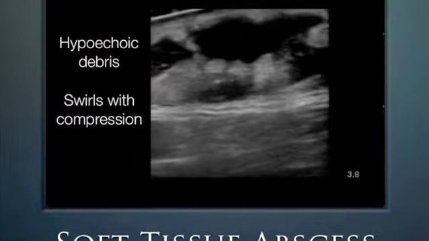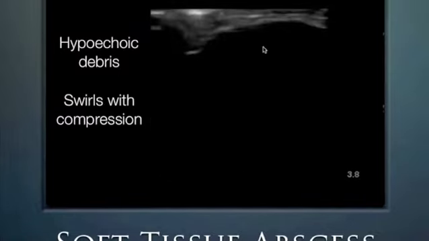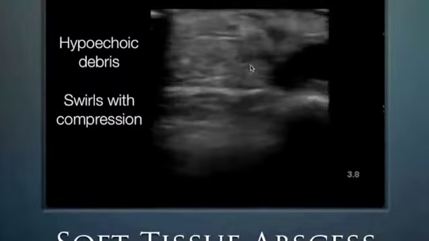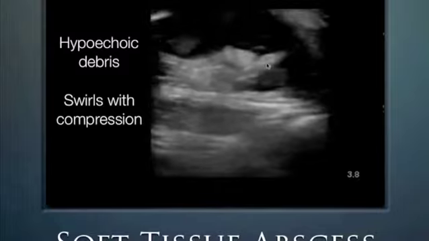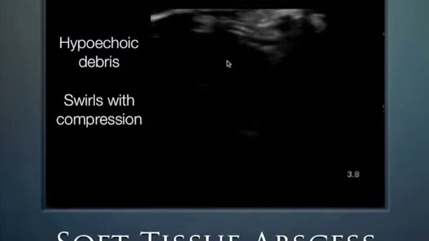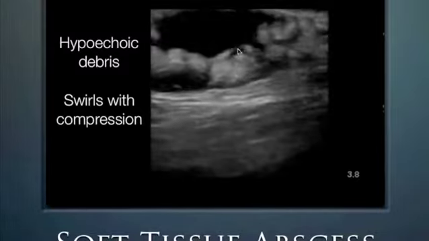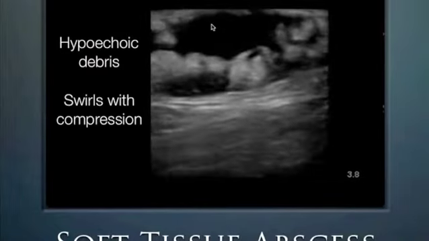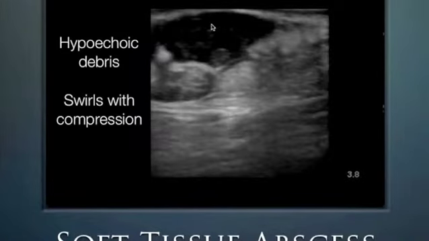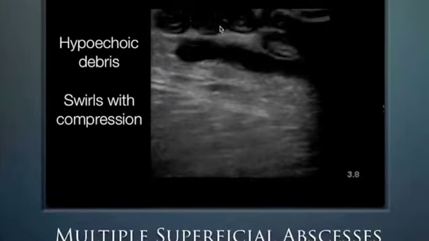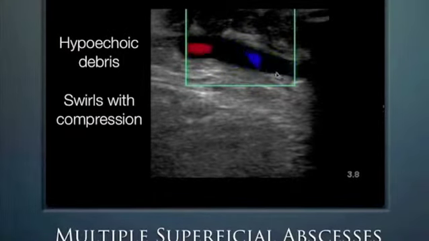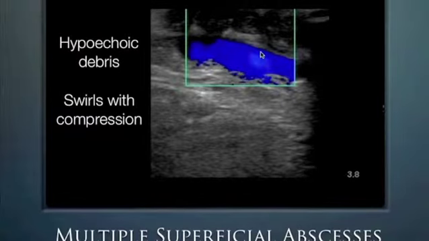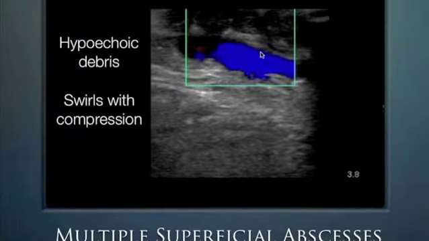This is another example here of a very superficial abscess that when we compress it, maybe there's some swirling of debris here, but all this hypoechoic area here is very consistent with abscess material. And this patient has multiple little abscesses along here, right adjacent to this vascular structure when we apply the color flow Doppler.